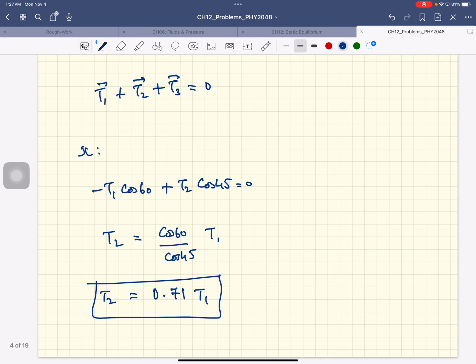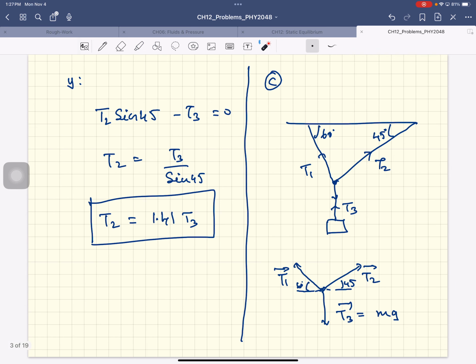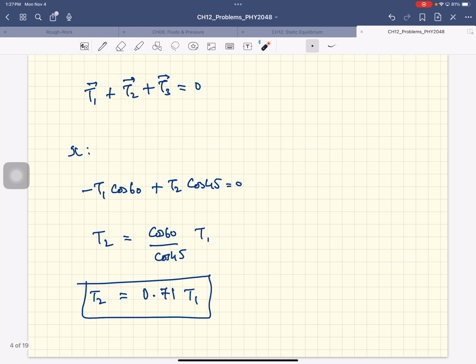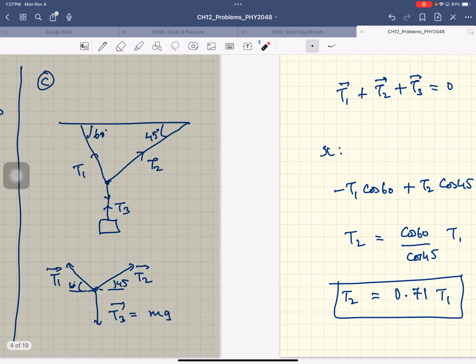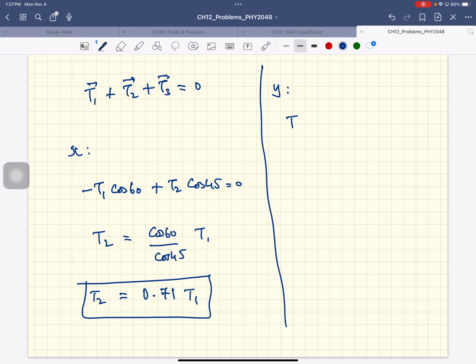And so this sort of makes sense. This guy is supporting most of the weight, and this guy is supporting less. And if you look at the Y components, T1 sine 60 plus T2 sine 45 minus T3 equal to 0.